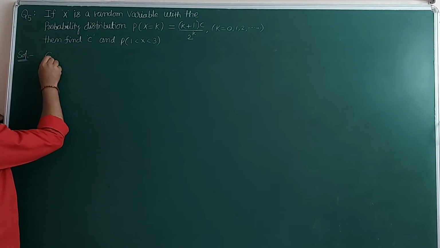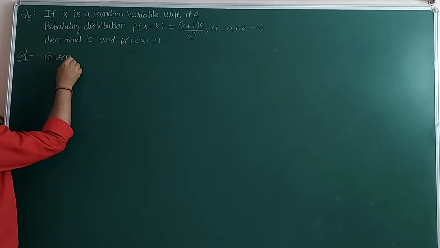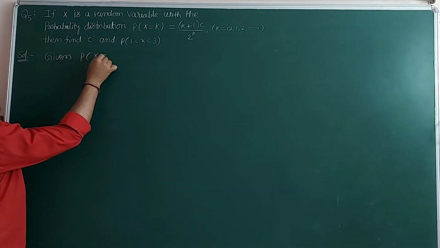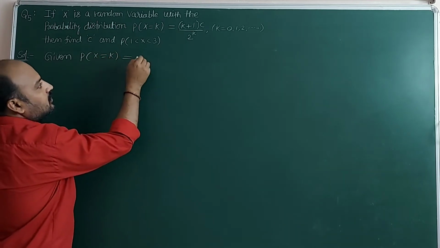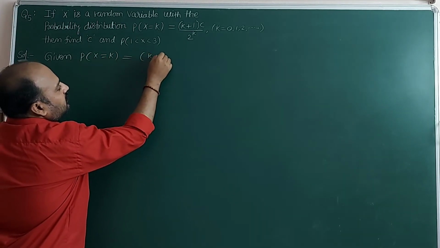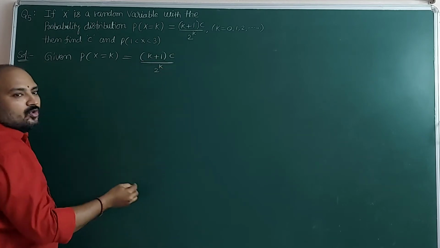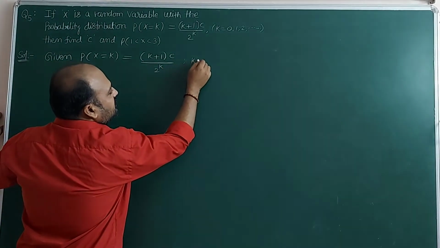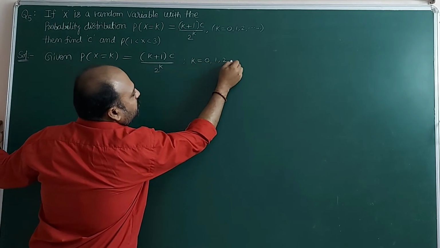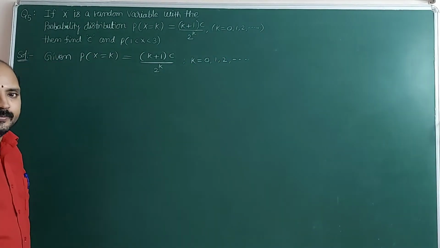The given probability distribution function is P of x is equal to k is (k plus 1) into c by 2 power k, where the range of the k value is given as 0, 1, 2, 3 and so on, that means up to infinity.